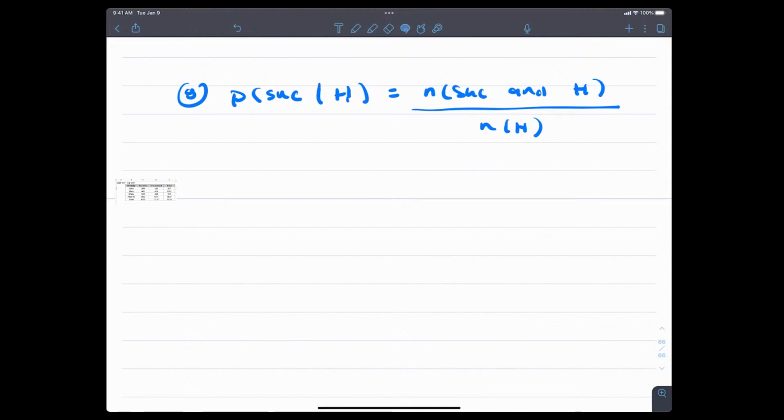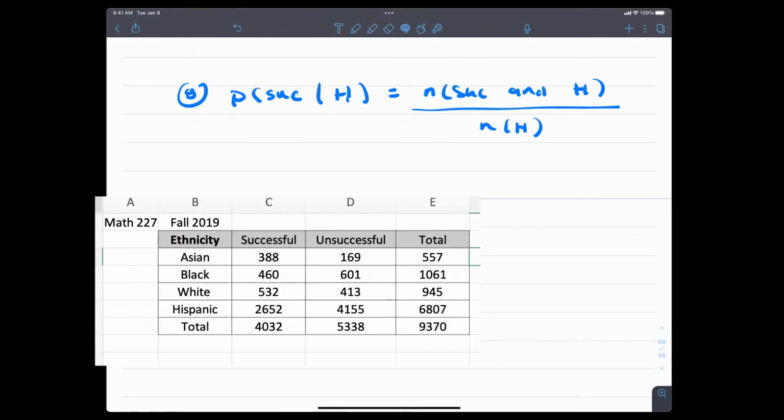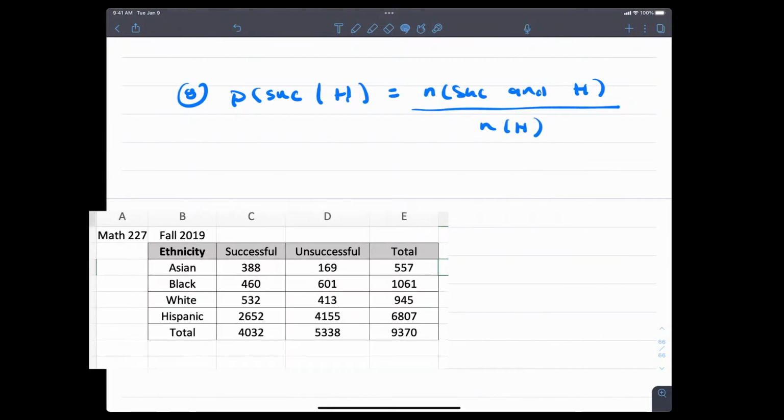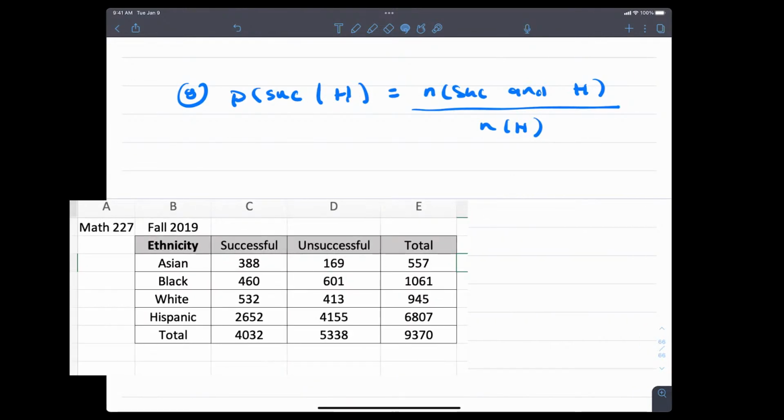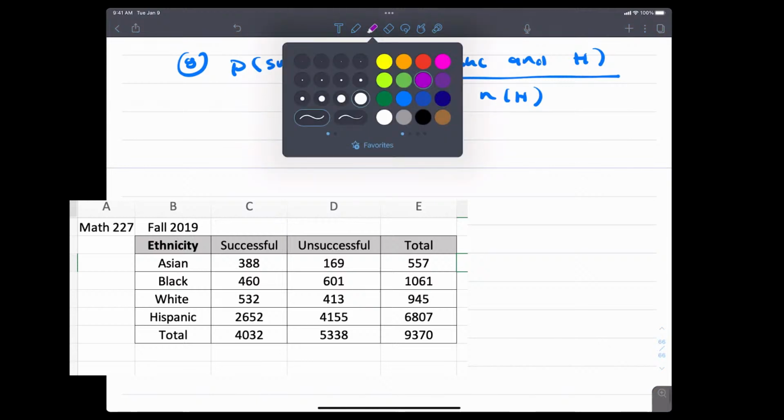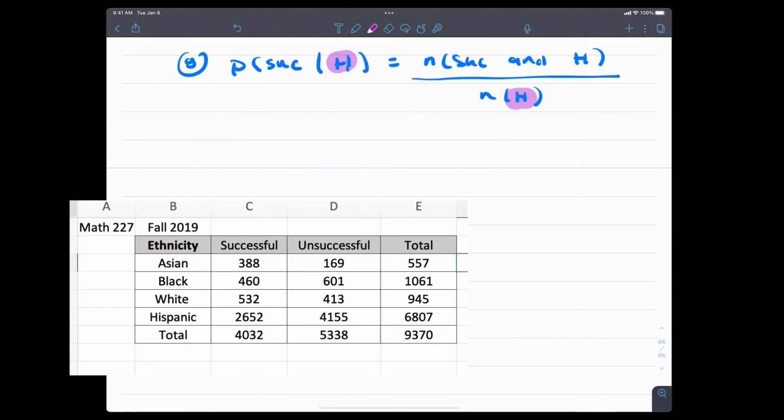All right, here we go. So tell me, this is now the group of Hispanic students. How many Hispanic students took Math 227 in fall 2019, the first year of AB 705? What do you guys notice? How many students? 6,807?